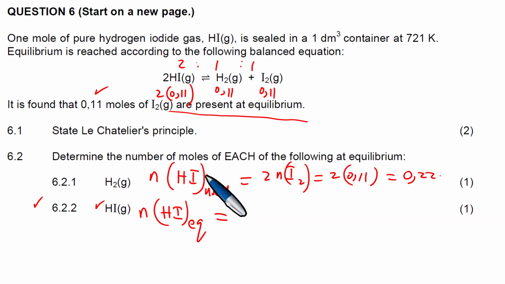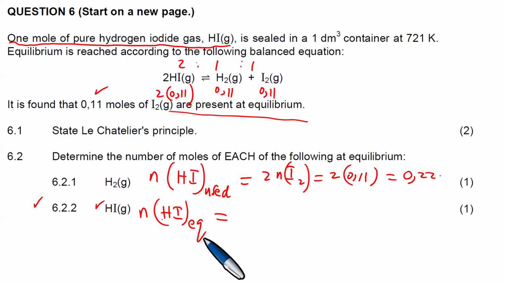Remember that now we need the number of moles at equilibrium. So we proceed to find that out. You're told 1 mole of pure hydrogen iodide gas.